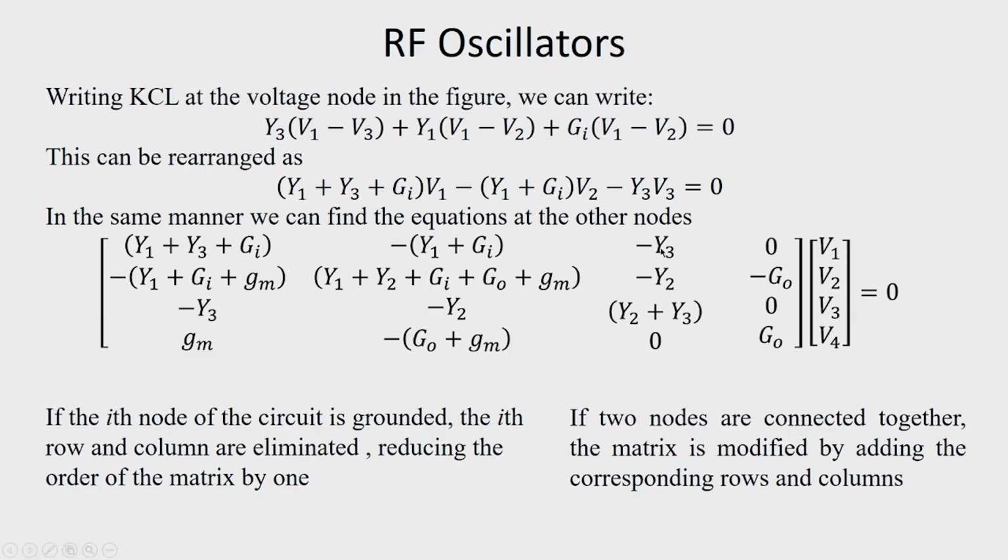Y3, minus Y3, Y2 plus Y3, they will remain as it is, and in that process now this matrix will essentially be reduced into a 2 by 2 matrix.